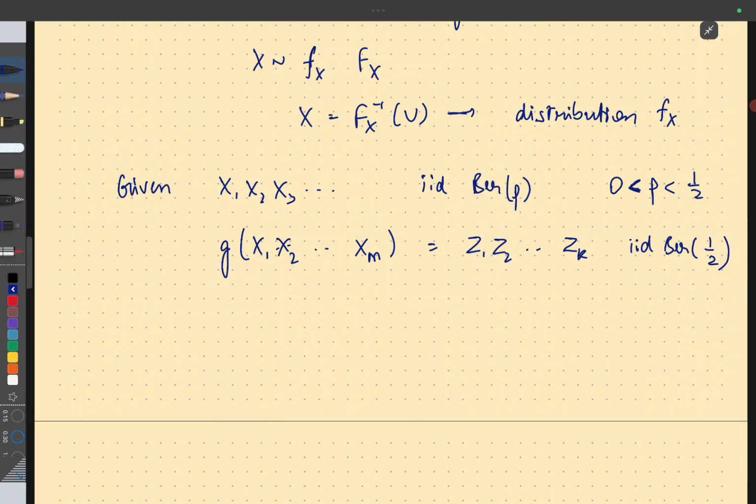Okay, so the goal is to transform Bernoulli p random variables into Bernoulli half random variables.